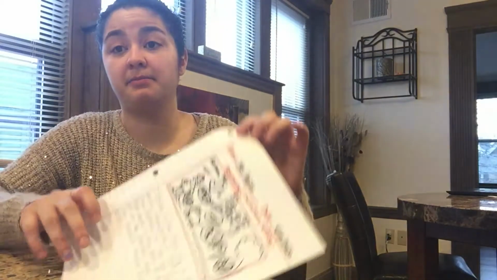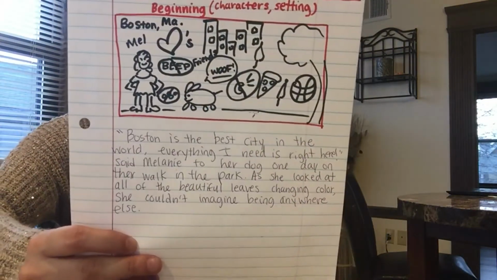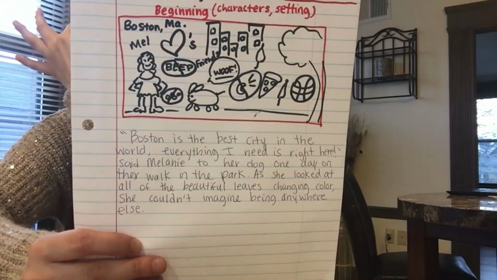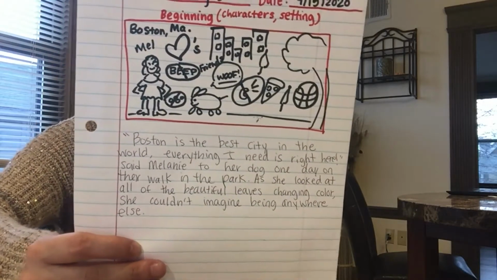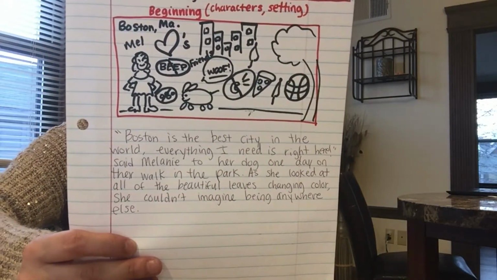Again, this supports how much she loves her city, and it supports her setting, because I know that when the leaves change color, we are in the season of fall. Okay? See how I'm stretching out what I wrote in my plans? So my reader knows how my story starts. Right? Let's keep going.